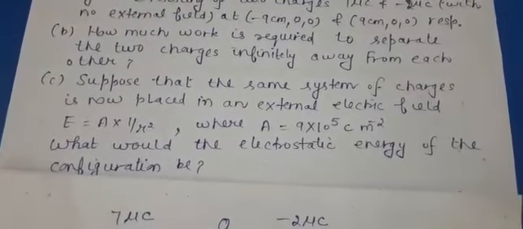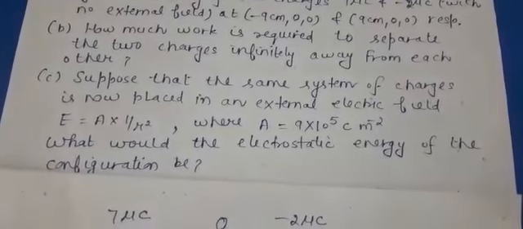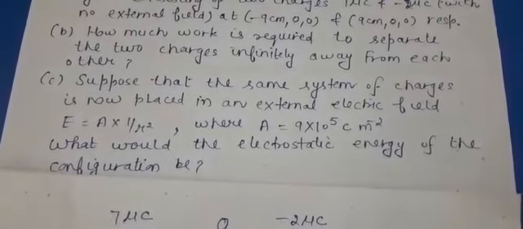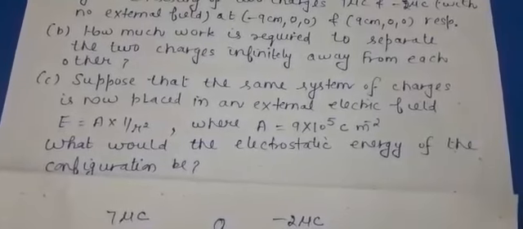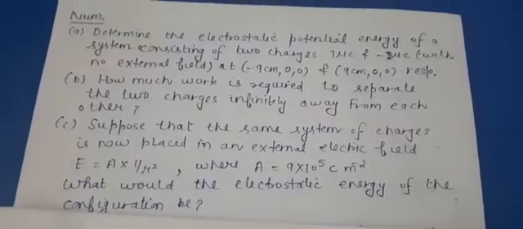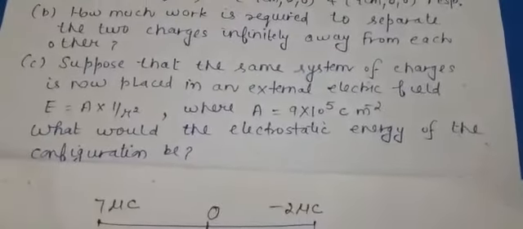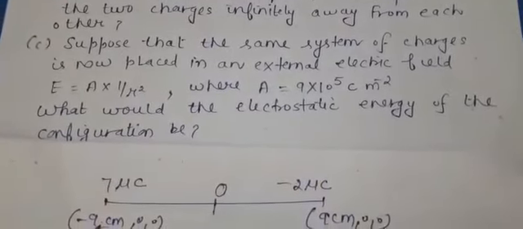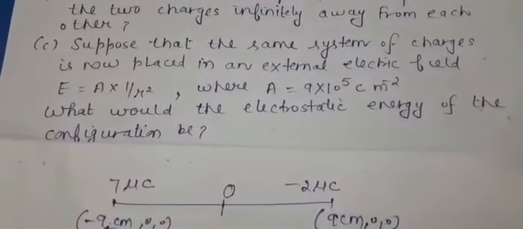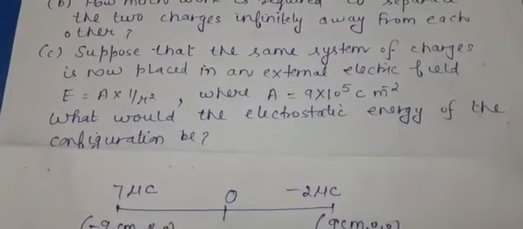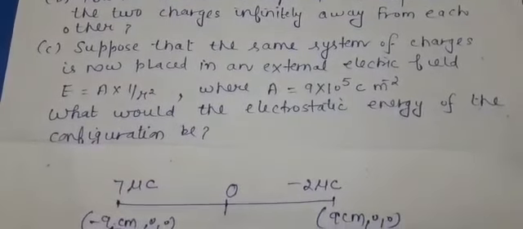Now, if you recall, we have done the potential energy of a system of charges, maybe 2 or 3, without an external field. And we have taken one last case in which an external electric field was also considered. So that will also contribute. Here that concept will be utilized. So let's see.